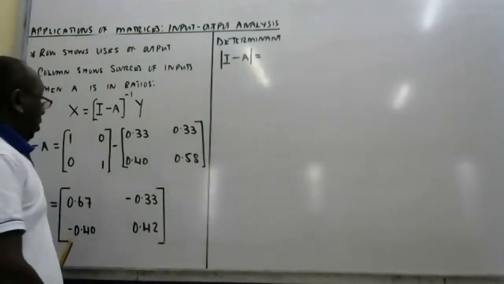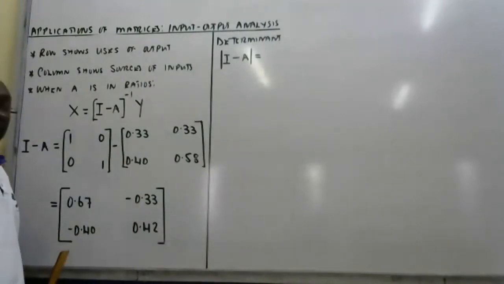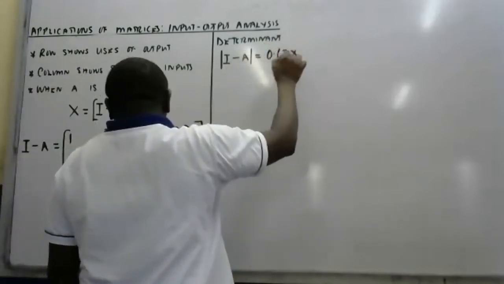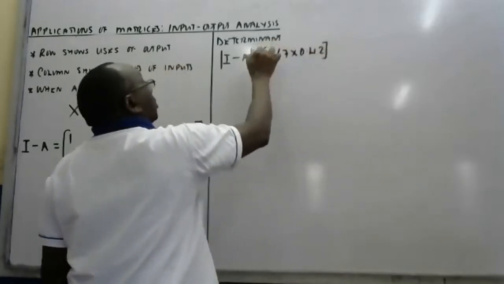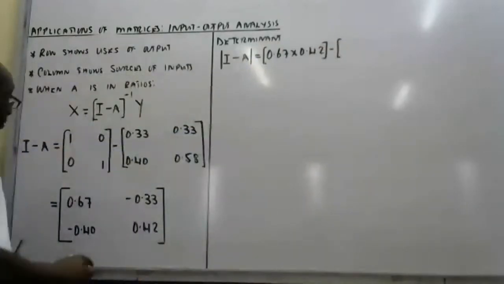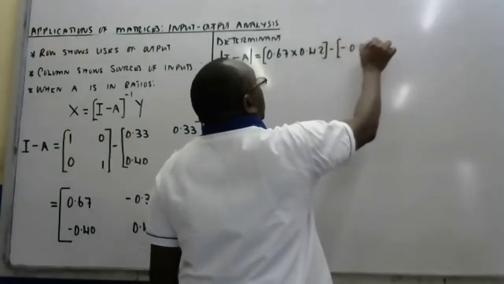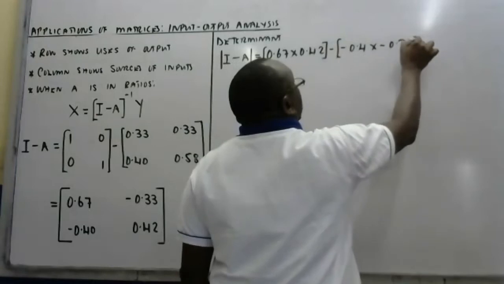So the determinant, we know, is the major diagonal product minus the minor diagonal product. So that would be 0.67 multiplied by 0.42, minus minus 0.4 times minus 0.33.